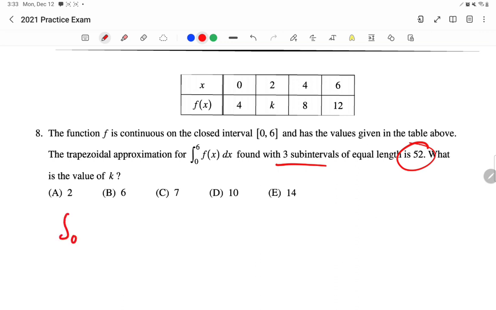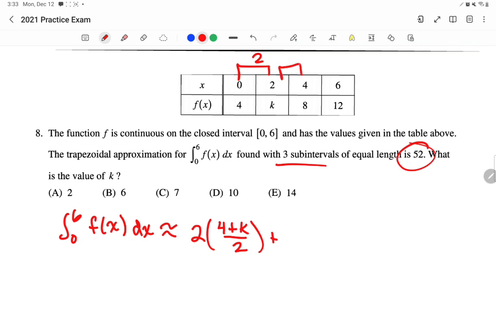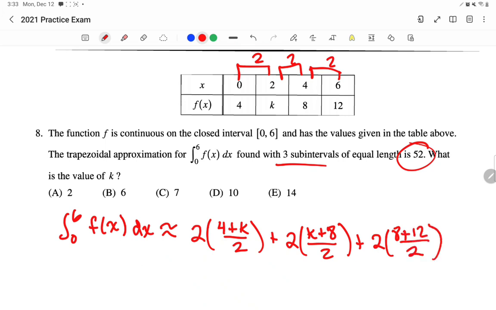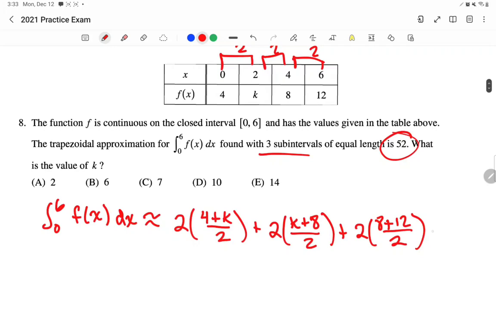So essentially what we're doing is we're saying the integral from 0 to 6 of f of x dx, we're going to do the trapezoidal approximation, so that's width of 2 times 4 plus k over 2 plus width of 2 times k plus 8 over 2 plus width of 2 times 8 plus 12 over 2. And when we do this approximation, the answer is going to be 52. Then we're just solving for k.